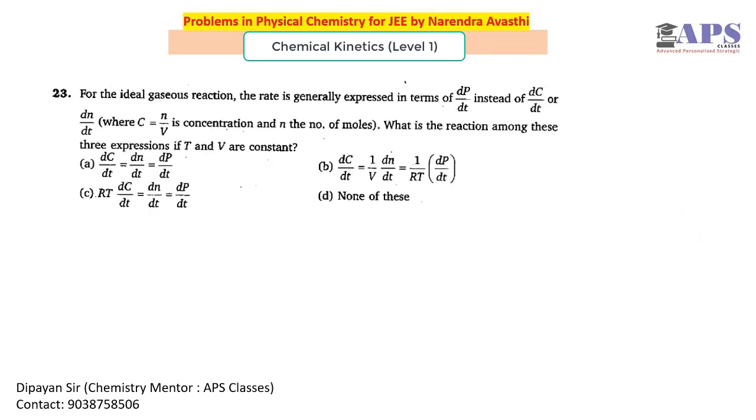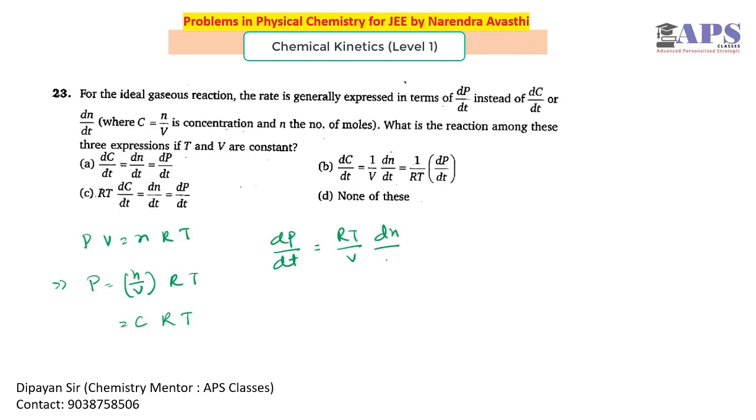In question number 23, for the ideal gas equation, we know PV equal to nRT, or we can write P equal to n by V RT. This is mole per liter, so we can write this as CRT. Now if dP by dt has to be calculated, it is nothing but RT by V dn by dt, or RT dC by dt.